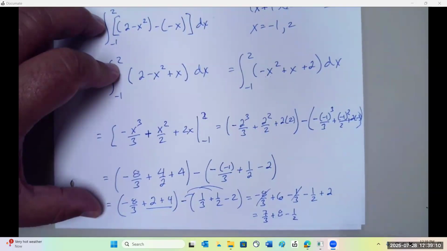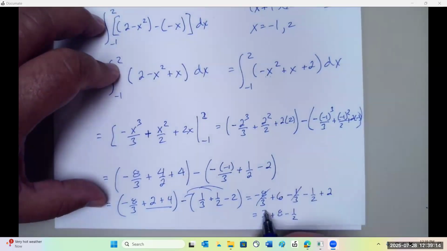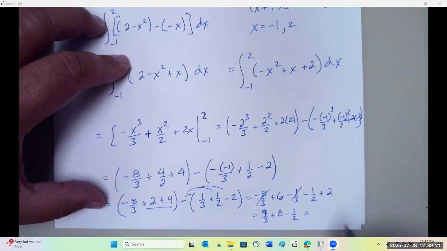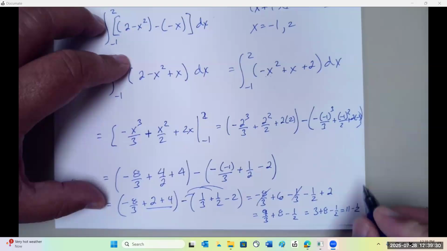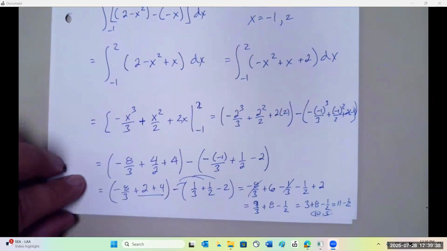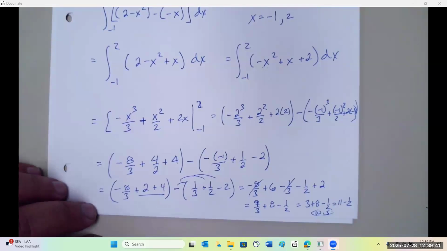Since it's negative, 8/3 minus 1/3 would be 9/3. Negative 9/3. Oh, you're right. Good point, good catch. I just lost track of that negative. So it's 3 plus 8 minus 1/2. 11 minus 1/2 is 10.5. Now let's see if I messed up anywhere else in there.